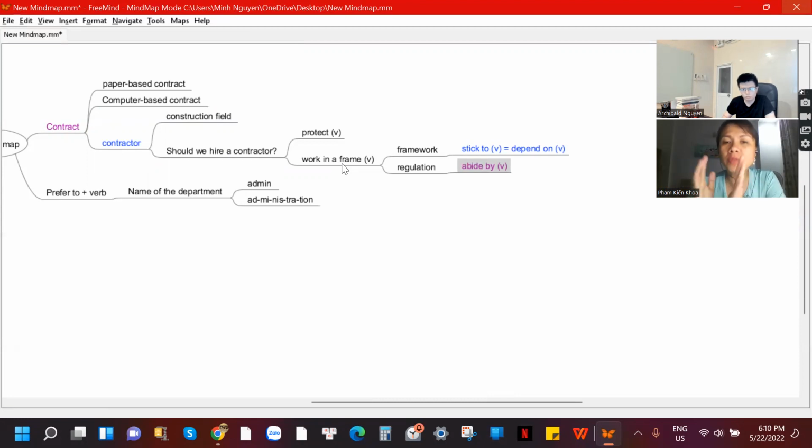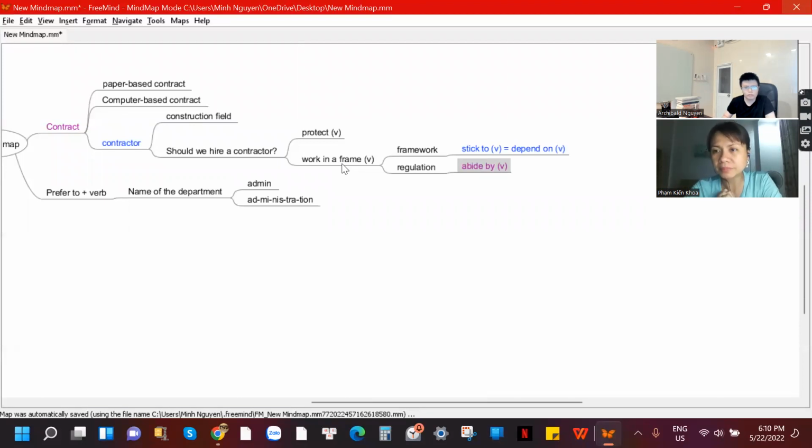Some work you have to follow the framework, but some work we have to add a creative concept into. And if you follow exactly 100% of the framework, it will conflict with thinking out of the box. You cannot create. Yeah. I think it depends on the work.